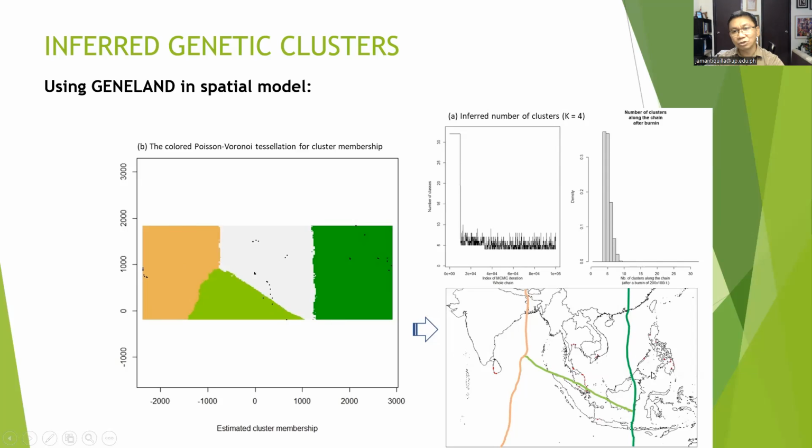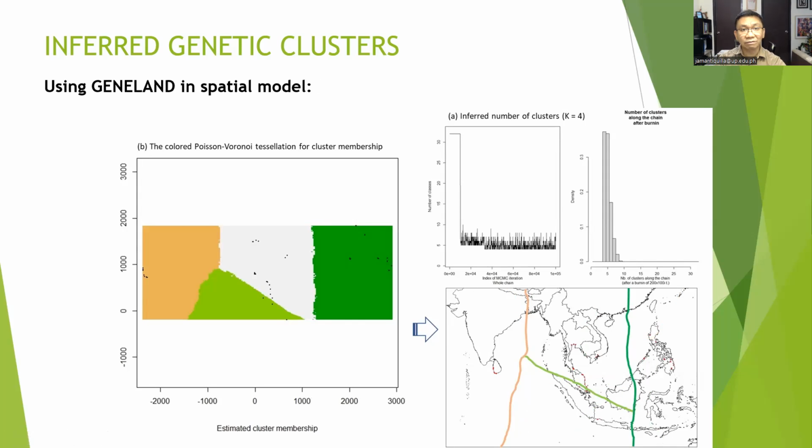So populations from the Philippines belong to one group, while most of the populations from mainland Southeast Asia belong to another group, except for the southern coast and the southwest population, because they are grouped along with Indonesia, while Sri Lanka was distinctly separate from the rest of Southeast Asia.